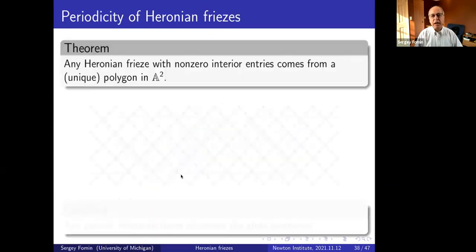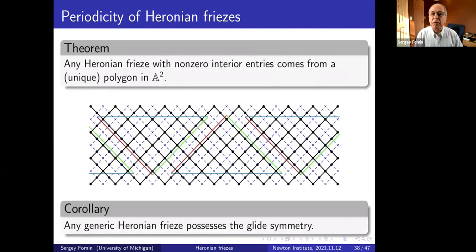And it turns out that any such frieze, it's not hard to believe, comes from an actual polygon. And since it comes from an actual polygon, it has the glide symmetry. And in fact, not just the glide symmetry, you can build the entire cluster complex, and everything will fit together in exactly the same way as before, except there will be all these extra adornments.